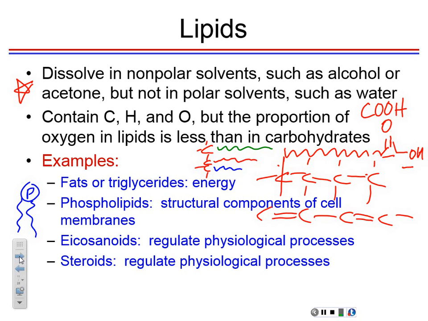And it's a 4-ring compound, and then this is a 5-carbon ring, and the different groups that are attached to it will make up the differences in those compounds. And cholesterol is a longer chain, okay? So those are the steroids, and they are very important for regulating cellular functions, especially reproductive functions.